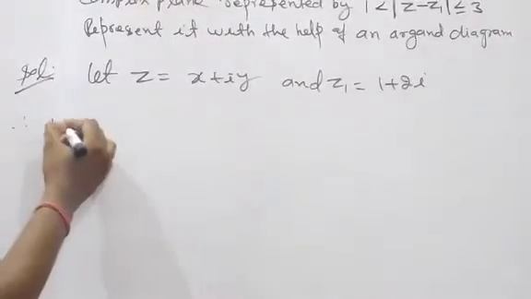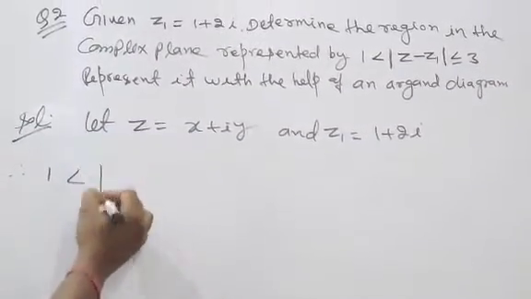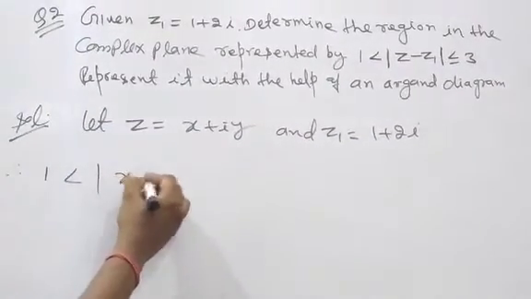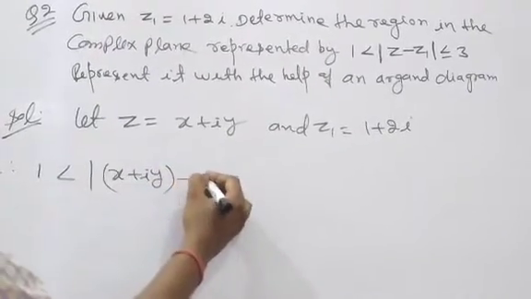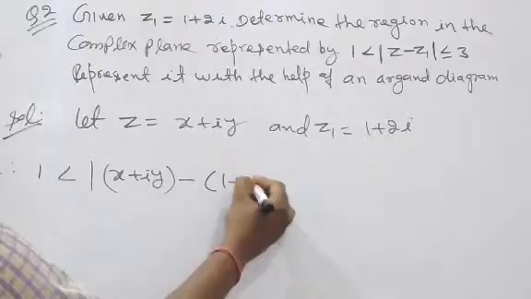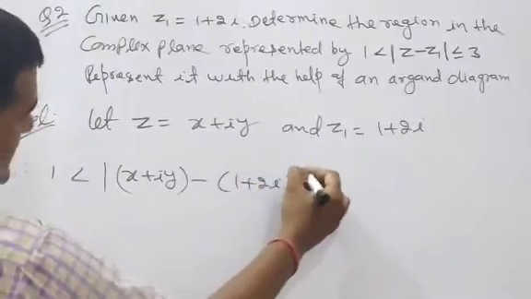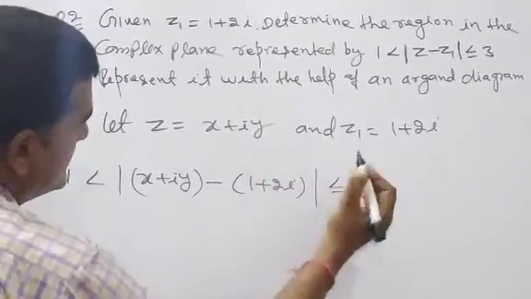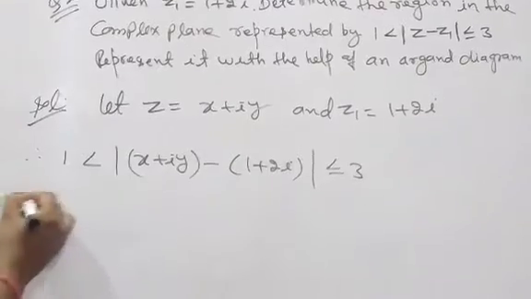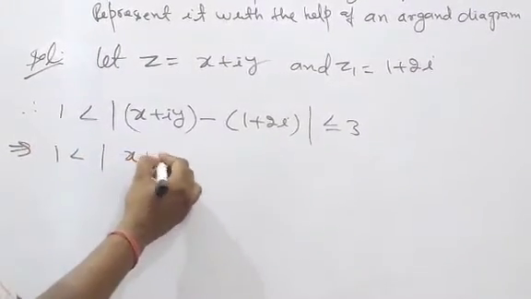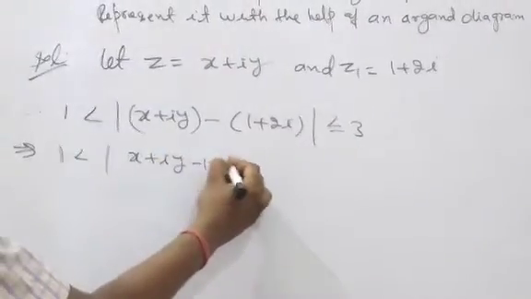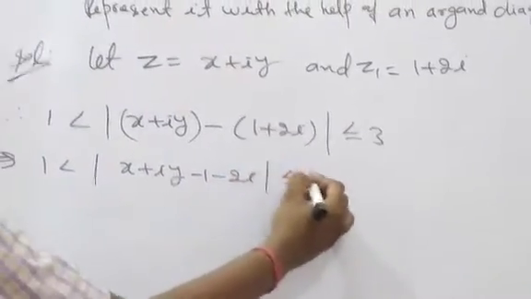Therefore 1 is less than mod of z, means x plus iy minus 1 plus 2i, less than or equal to 3. Clear? Now 1 is less than x plus iy minus 1 minus 2i is less than 3.